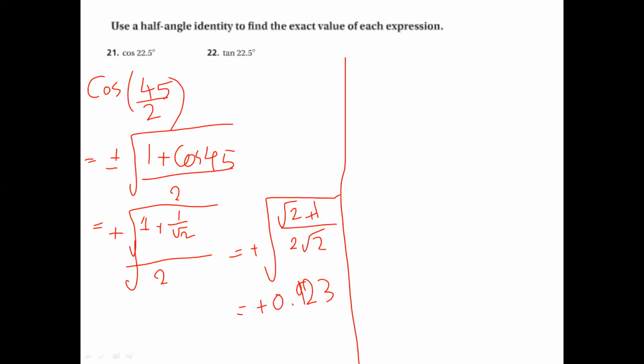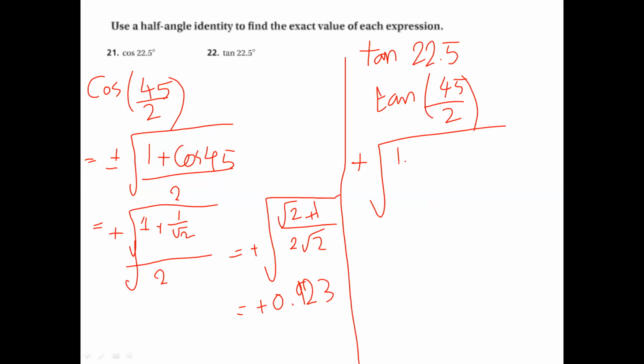What about now tan? I mean, tan 22.5. It is tan 45 over 2. It will be positive because the tan in quadrant 1 is positive.